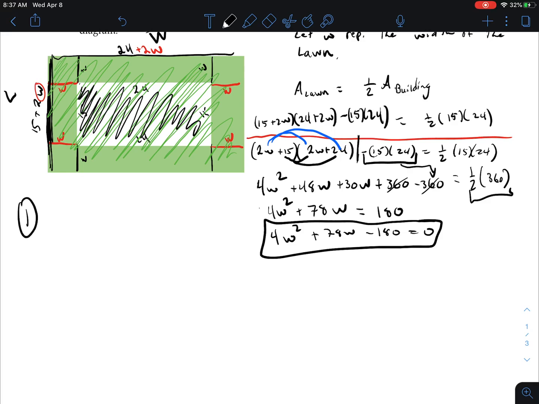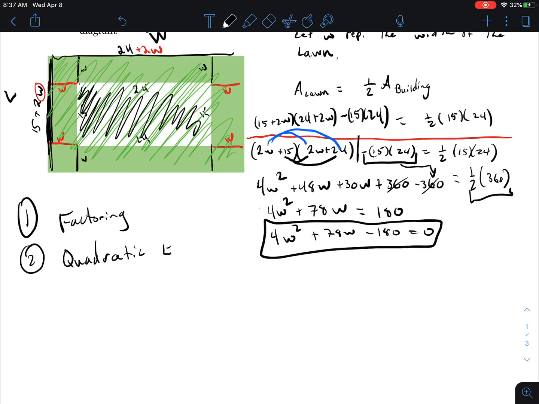So remember what we're after. We're trying to solve for w in the question, little w, because little w represented the width of the lawn. If I were to try and solve this quadratic, we had two solving processes. We had factoring, and then the second one was the quadratic equation.